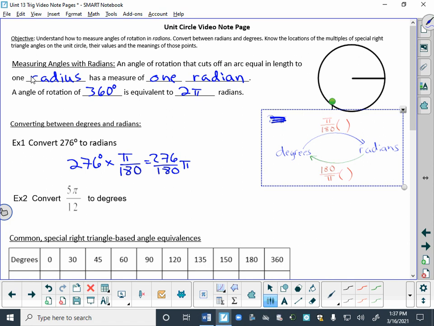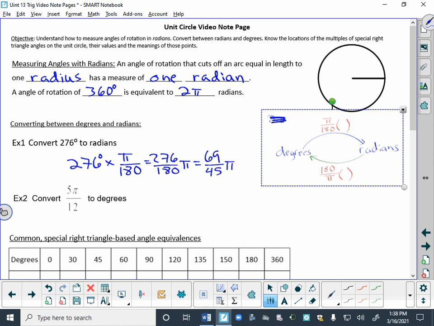If I can divide those both by 4, 276 divided by 4 is 69, and 180 divided by 4 is 45.